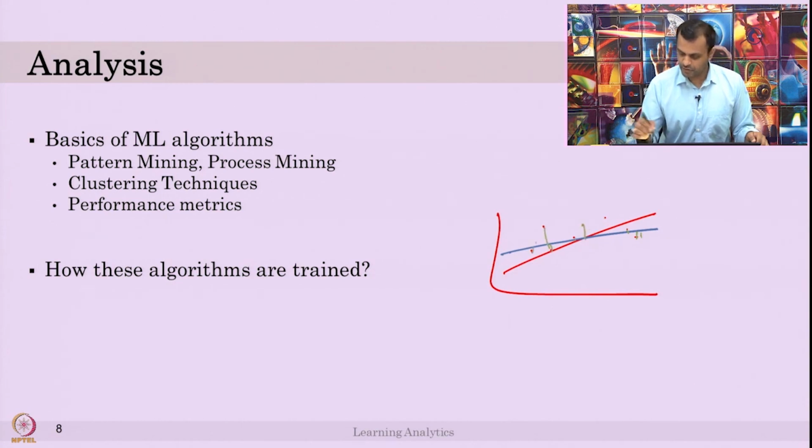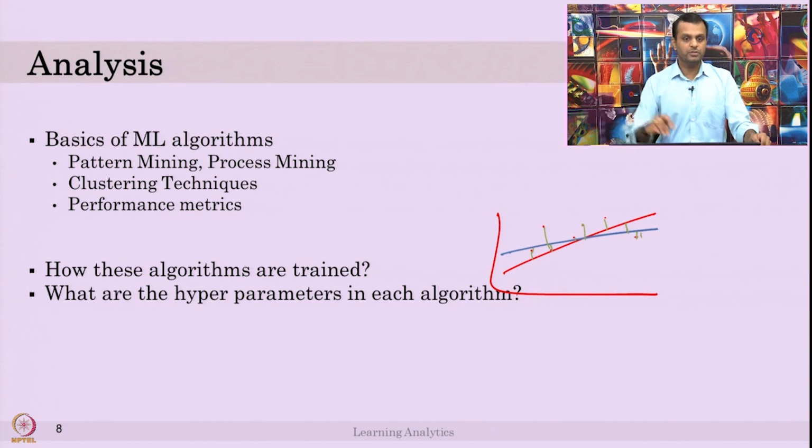This is the loss function of this line, and similarly the loss function for this other line is different, and you take the one which is smaller. But how do I change it, if I find this loss function, should I move the line upward, should I move it down? I never talked about how it is trained. There is a reason for that, and I also never talked about hyperparameters in each algorithm, because if I first talk about training I should be involving hyperparameters.